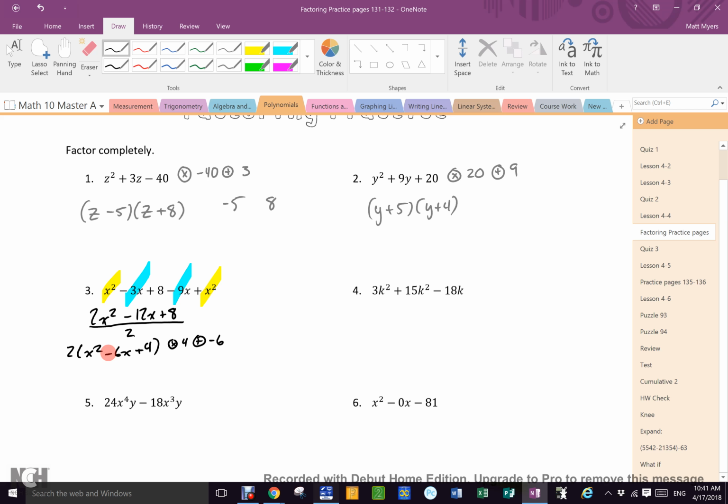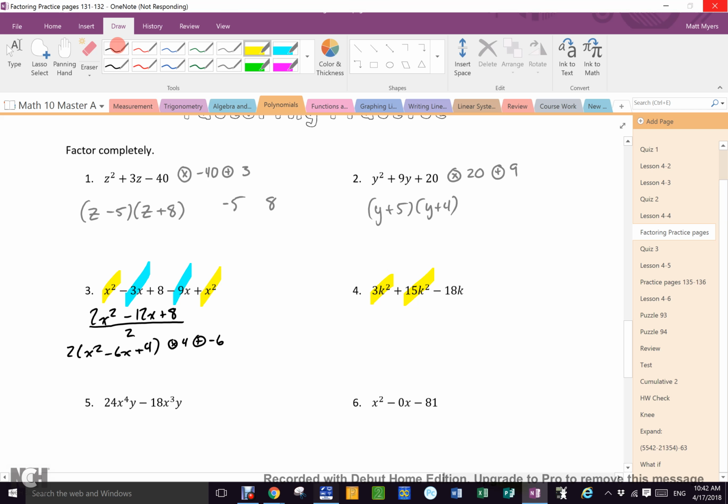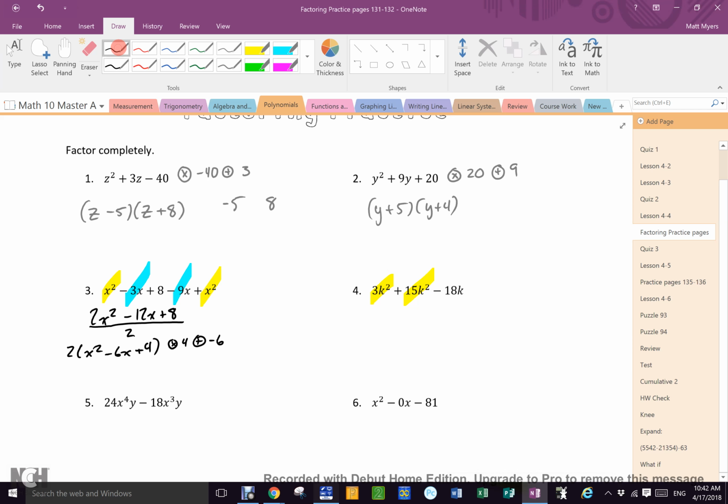You should simplify first, shouldn't you? What can I do with that and that? What can I do with them? Divide them? But the sign's a positive. What can I do with the 3k squared and the 15k squared? Add them to get 18k squared minus 18k.